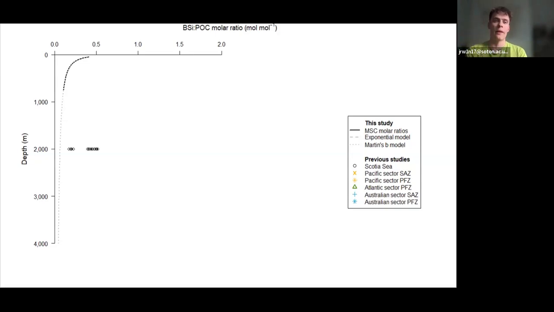And so we also extrapolated the molar ratios from the upper mesopelagic using literature values for biogenic silica dissolution and carbon remineralization at 4 degrees centigrade. And it works pretty nicely. It agrees a little bit better with the Manno ratios.